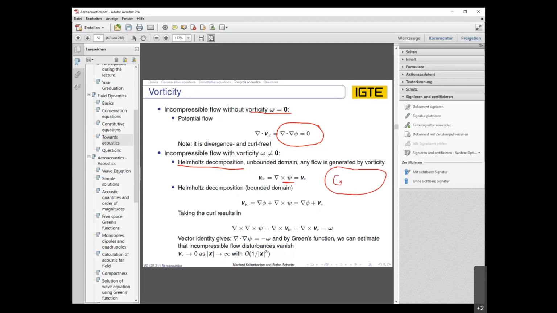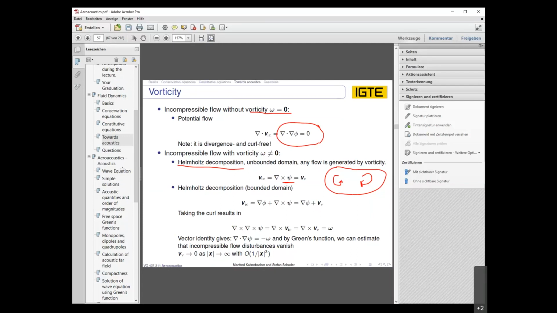If vorticity is happening here, it has to be compensated by another mechanism somewhere there. So if you would like to have some flow somewhere in your room, you have to generate it. That's more or less the point of the incompressible flow in unbounded domains.